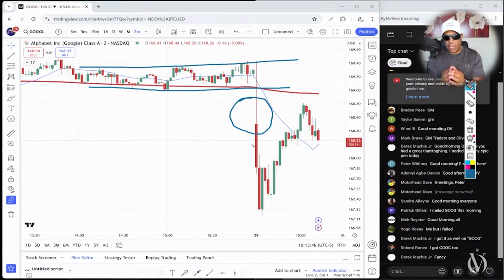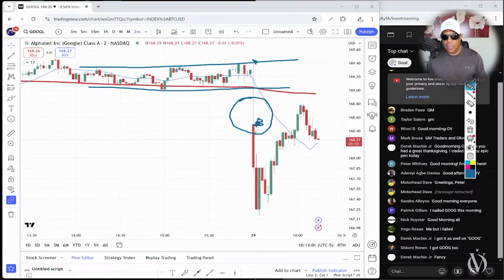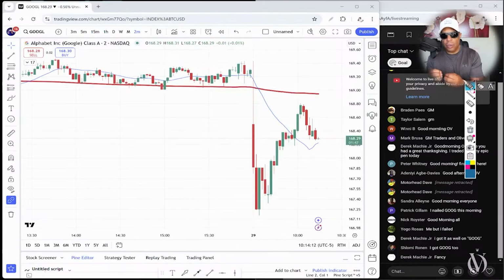This morning I pointed out right off the bat, there's a bad tick here. Google opened and then there was one trade here, and then it just continued to trade here. When you get a giant jump and you go right back, that's not real. The algorithm of the data provider didn't catch that bad tick.